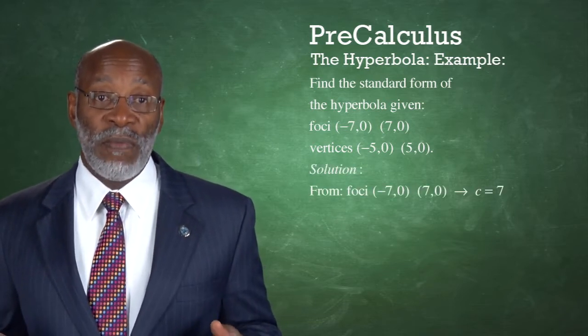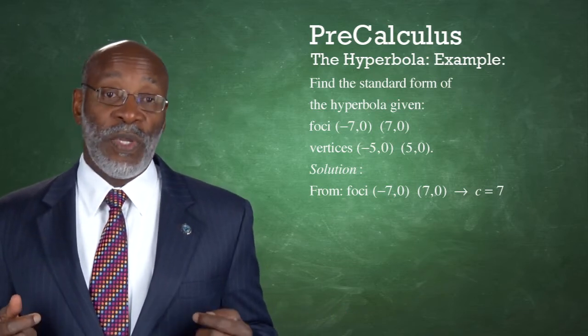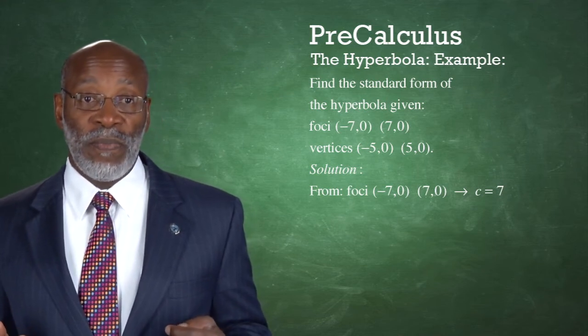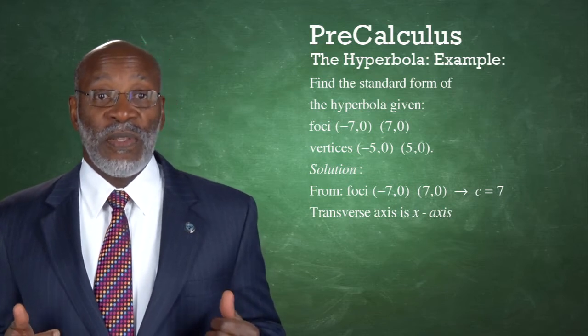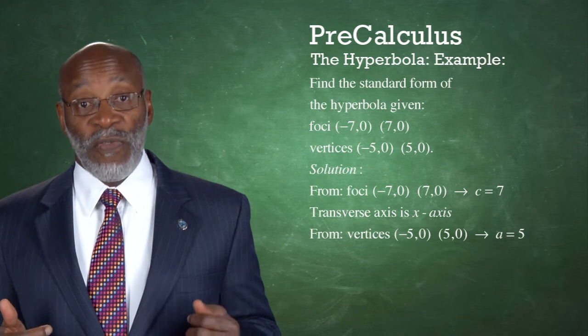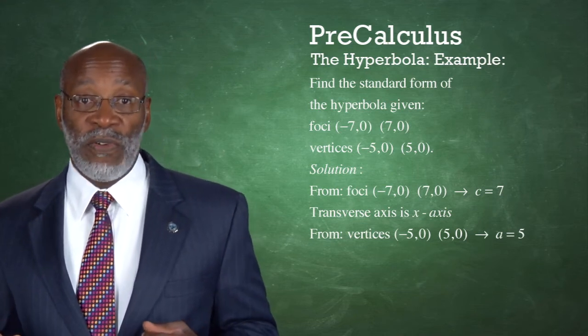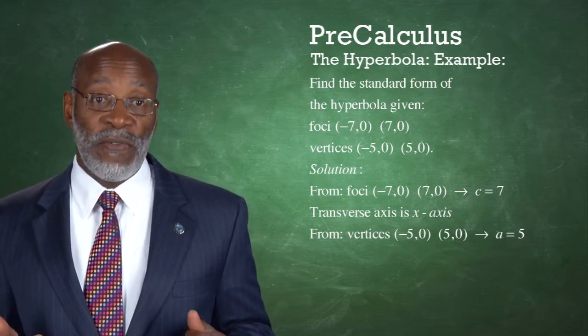From the foci (minus 7, 0) and (7, 0), we conclude that c is equal to 7. The transverse axis is the x-axis. From the vertices (minus 5, 0) and (5, 0), we conclude that a is equal to 5.